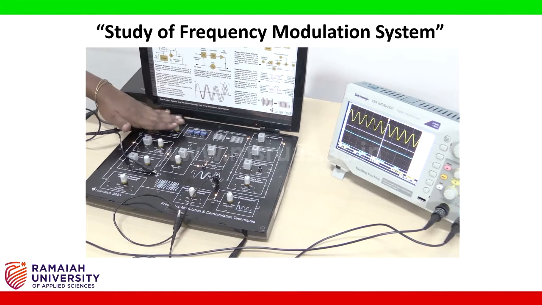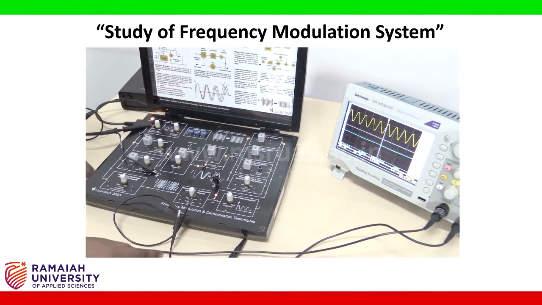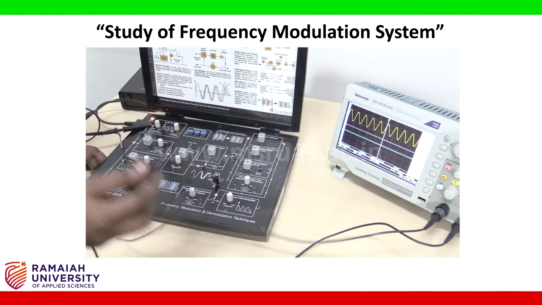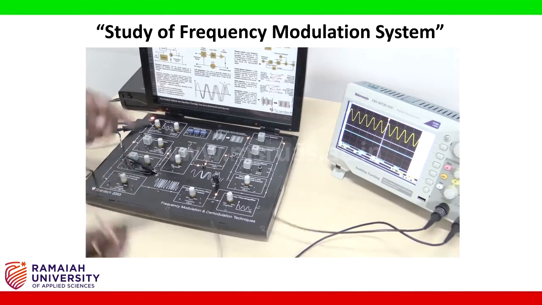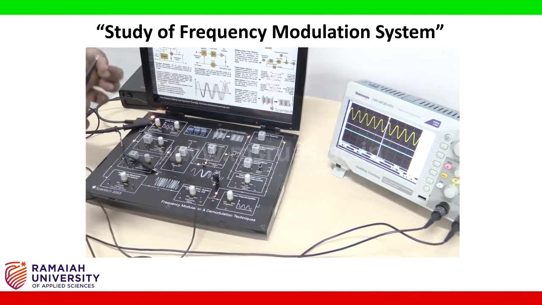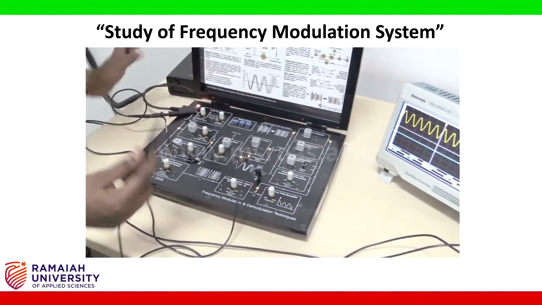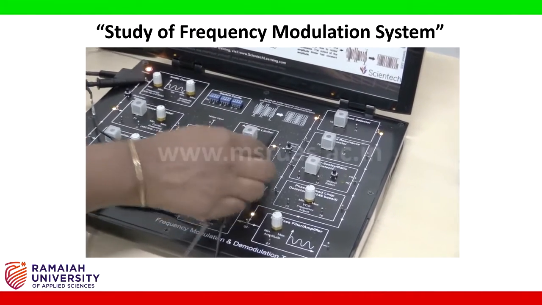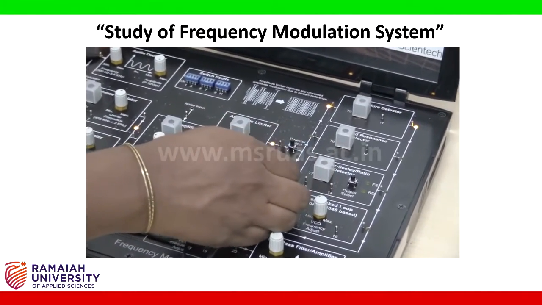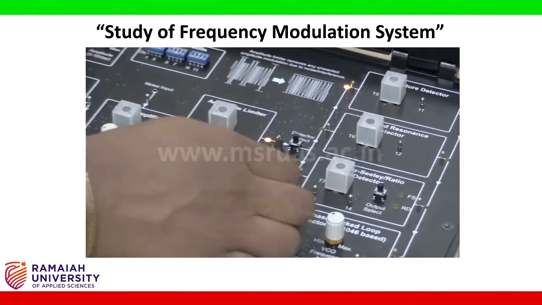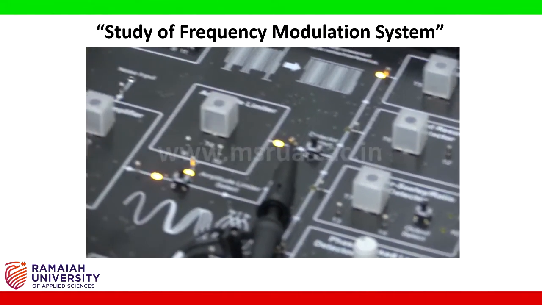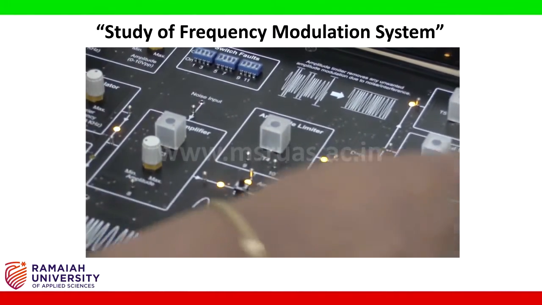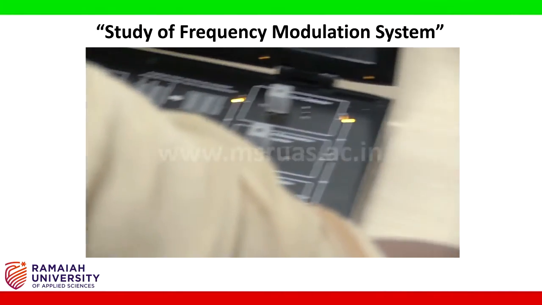Put it to your comfort. Now take the second channel of the CRO, that corresponding probe, we will use it to tap the outputs. So connect it to the detector output, connect it to the limiter, amplitude limiter output, and observe in the CRO.